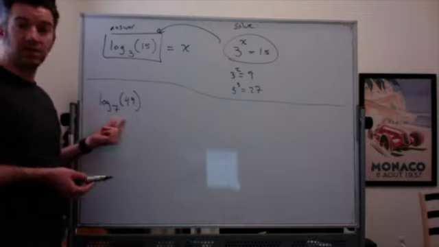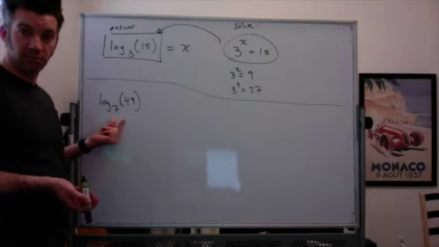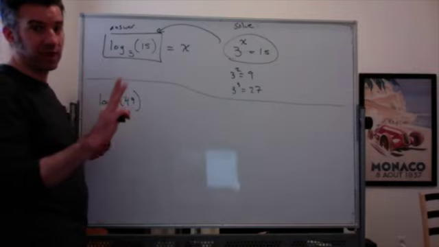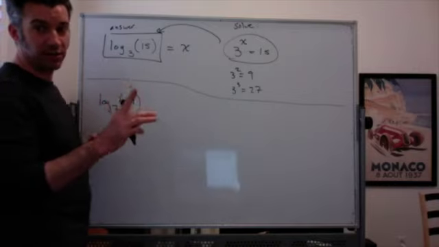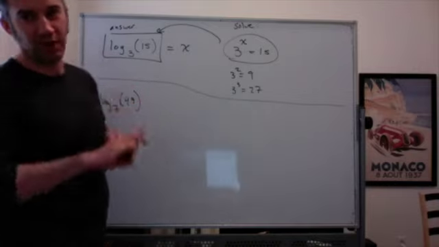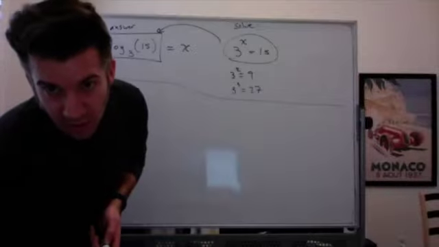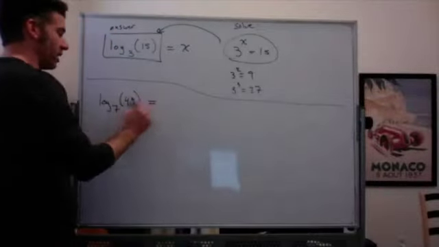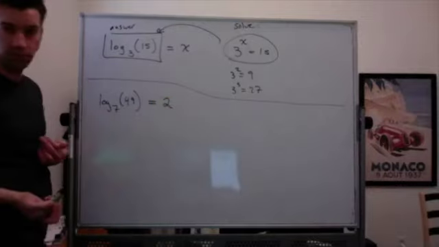So 7 raised to what power equals 49? I want, in 3 seconds, everyone to type their answer in the chat. Well, I'll jump the gun. But yes, you guys are very correct. The answer is, of course, 2. 7 squared is 49. So log base 7 of 49 is 2.